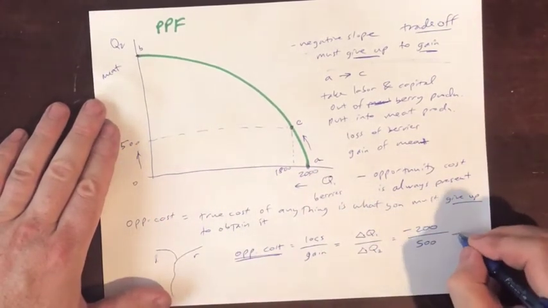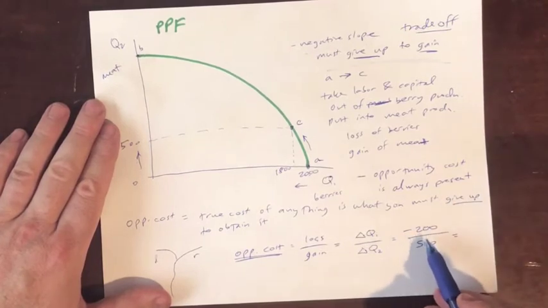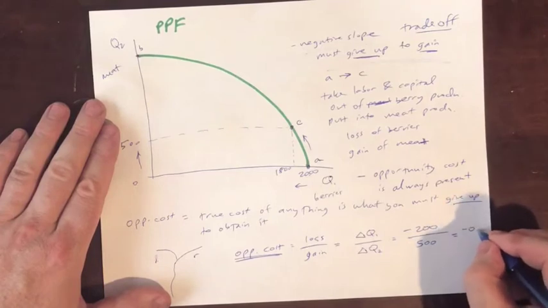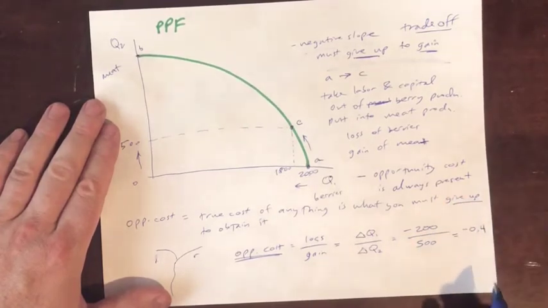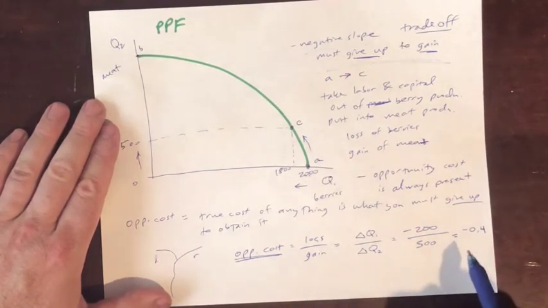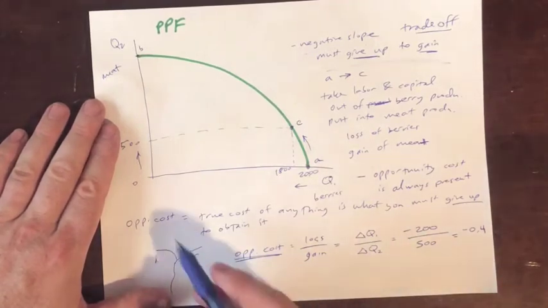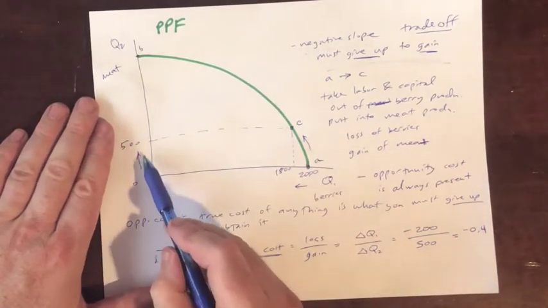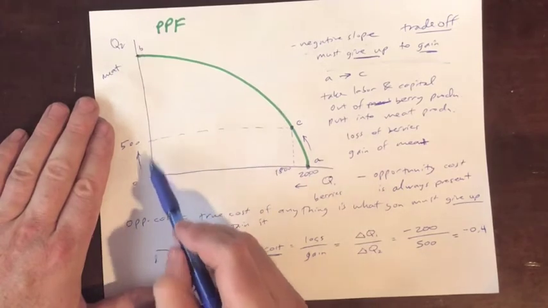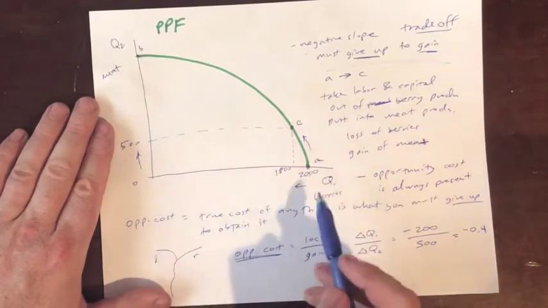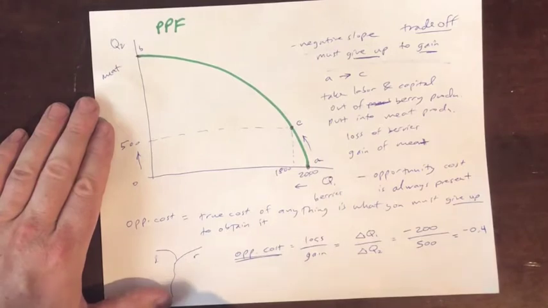So negative 200 over 500, when we do the math, we get negative 0.4. So the opportunity cost is negative 0.4. What does that mean? That means for every pound of meat that we gain here, we give up 0.4 pounds of berries.